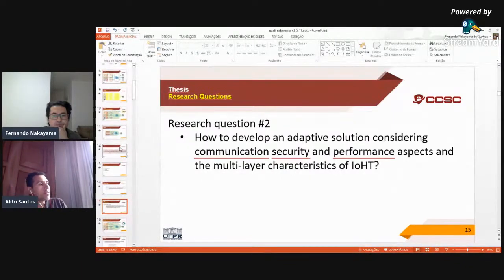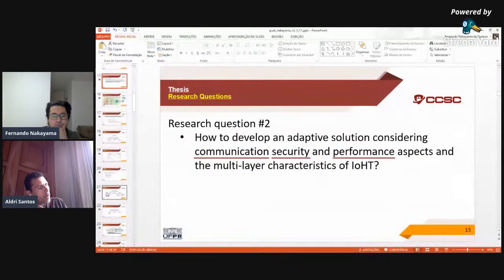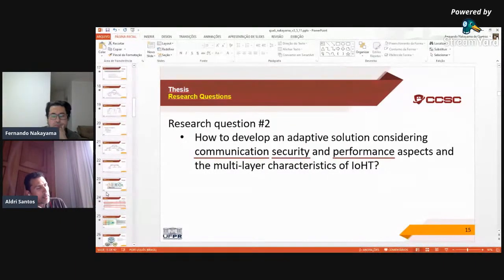I believe you need to consider improving or adjusting your chapter 2, because, for example, one important point for me is techniques for resilient IoHT.